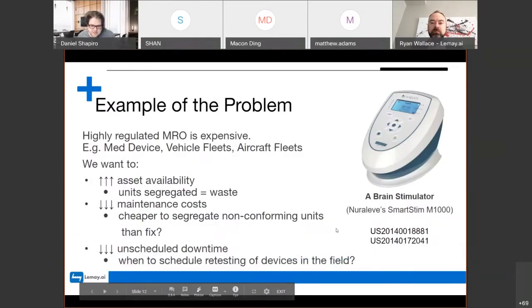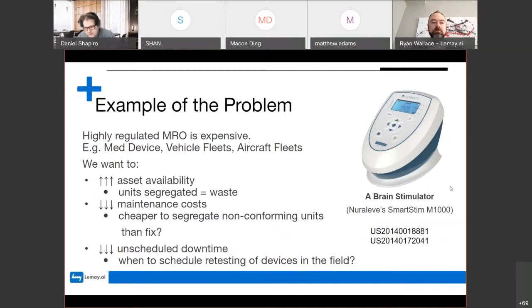The example that I'm going to walk through with you today is a brain stimulator by a company called Neuraleve. I've been involved in this for over 10 years now. It's a Health Canada approved medical device. It's got CE certification as well, ISO certification.